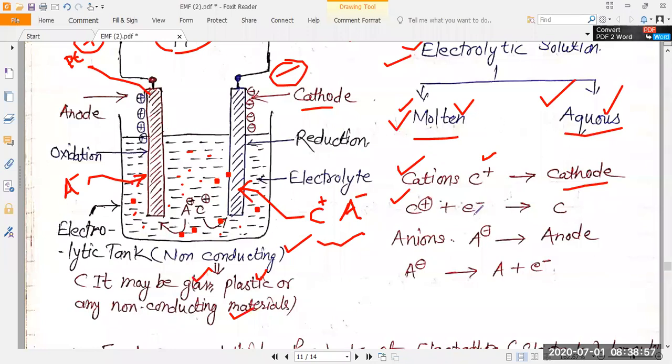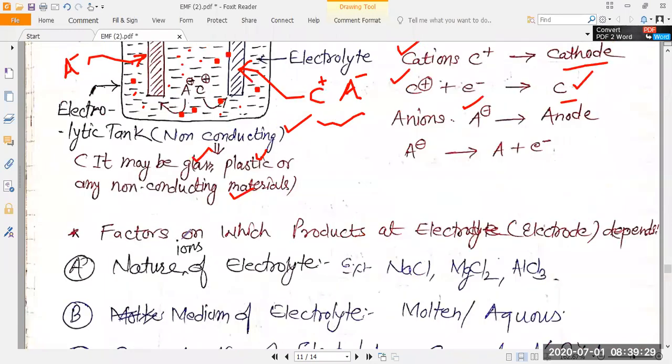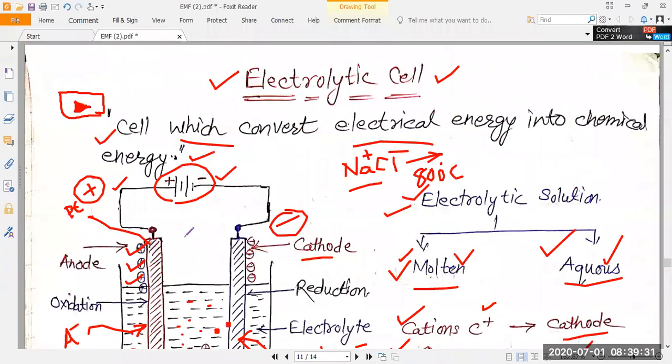Cation will accept one electron and convert into C, meaning metal or non-metal, and anion, that is A negative, releases an electron. Anion gives its electron to the anode, because anode is an electron deficient electrode. So anion A negative converts into A and releases one electron. So this is the simple electrolytic cell.